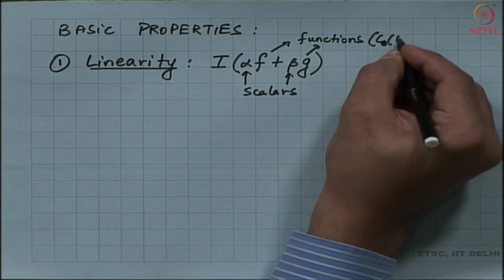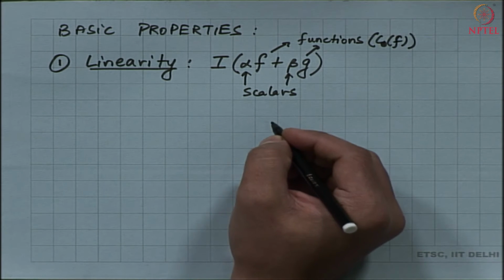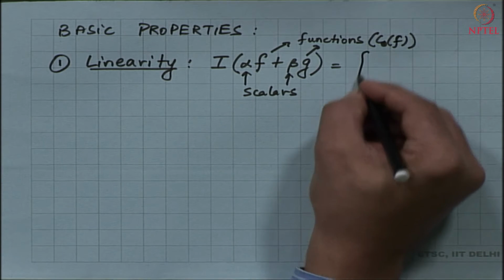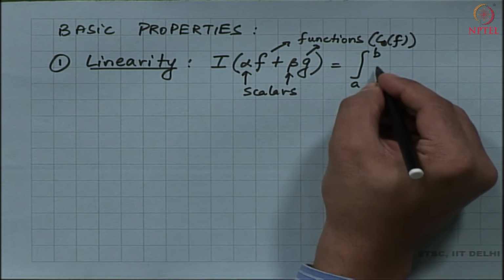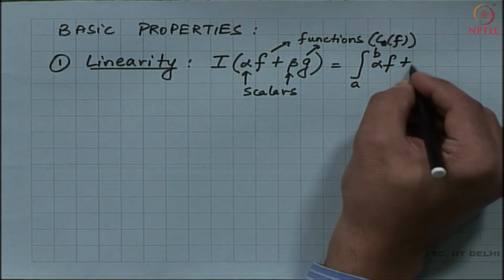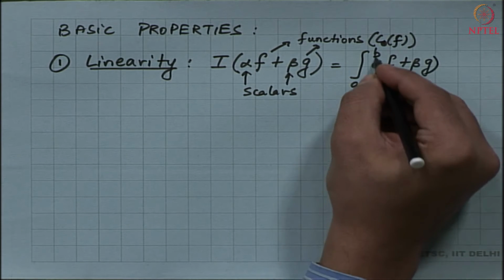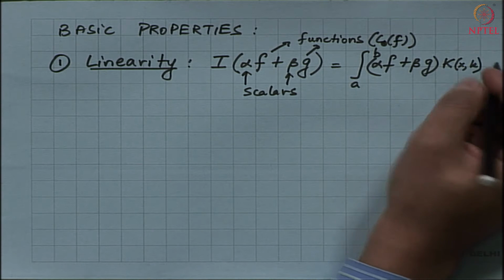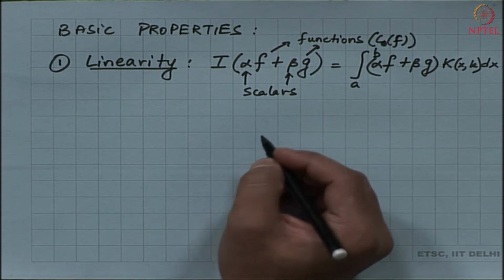C0 is the set of all continuous functions. Then this is going to be defined as the integral from a to b of alpha f plus beta g times the kernel function K of x comma k, dx.